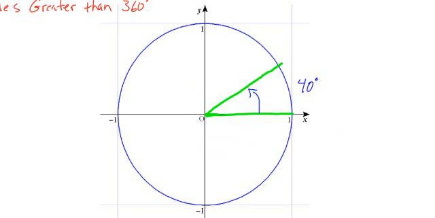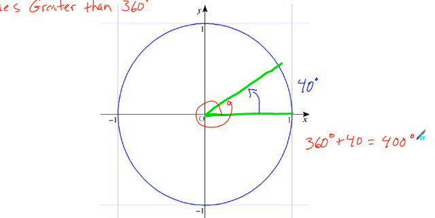Another way I can get to this angle of 40 degrees, if I still start at the same starting point, which is my positive x-axis. However, this time I'm going to go one full revolution around the circle and then pick back up. So what I've traveled is one full revolution around the circle, which is 360 degrees, and then I went an additional 40 degrees, giving me a total of 400 degrees.